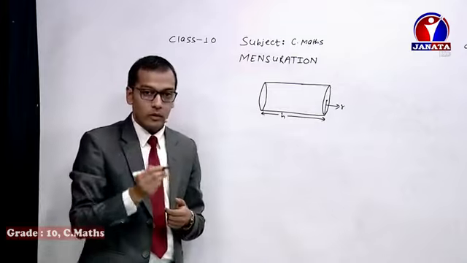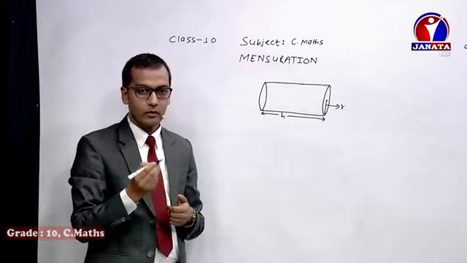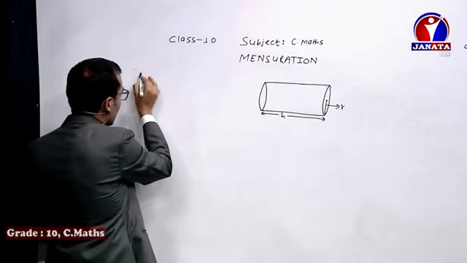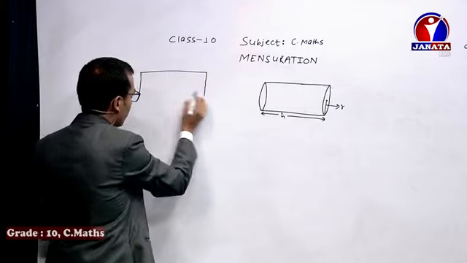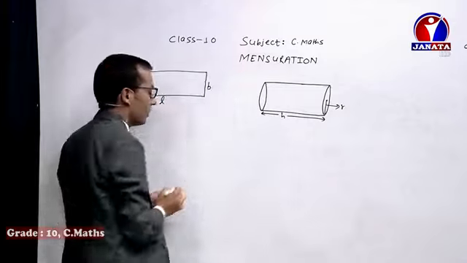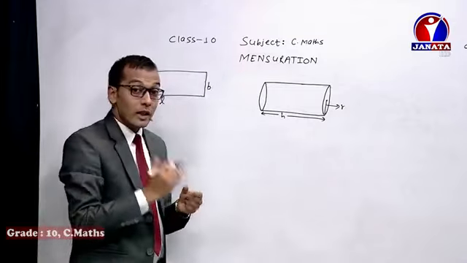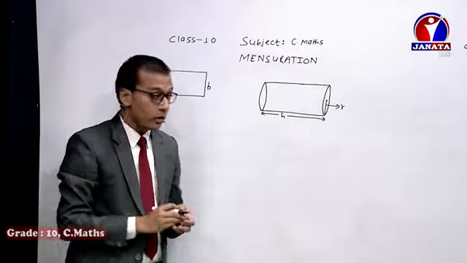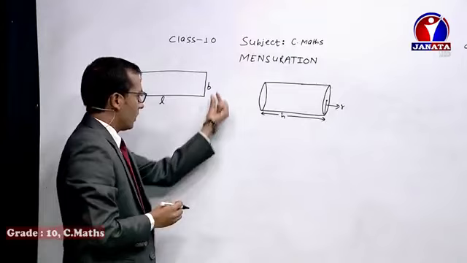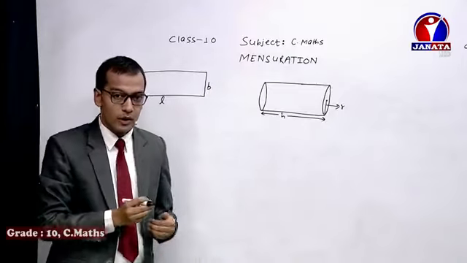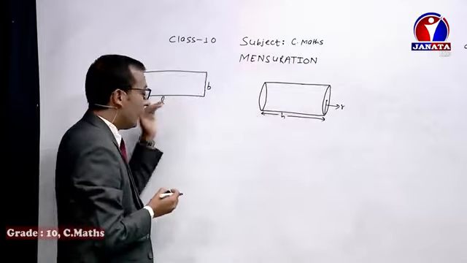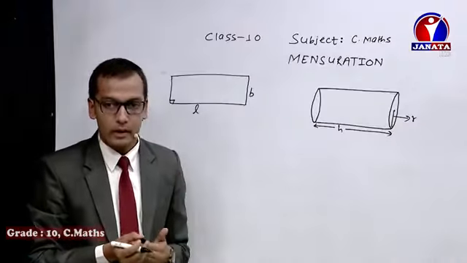I took the example of a rectangular piece of paper. Here, this is a rectangular piece of paper, and this one is length, this is breadth. When we fold this rectangular piece or sheet of paper, breadth becomes the height of the cylinder, and length becomes circumference.